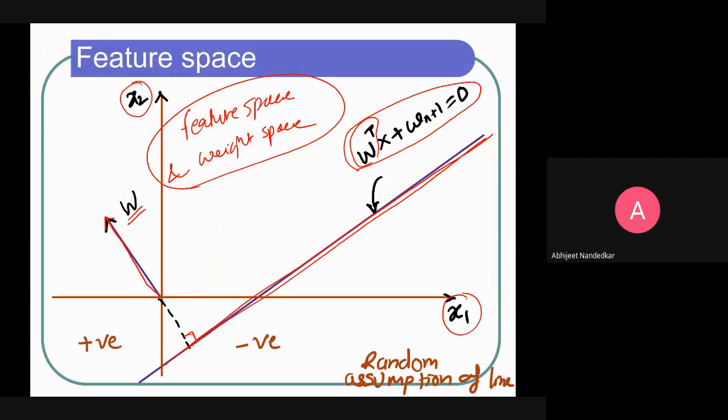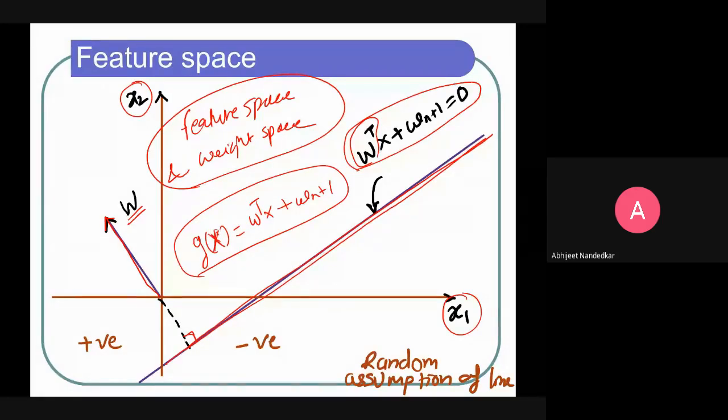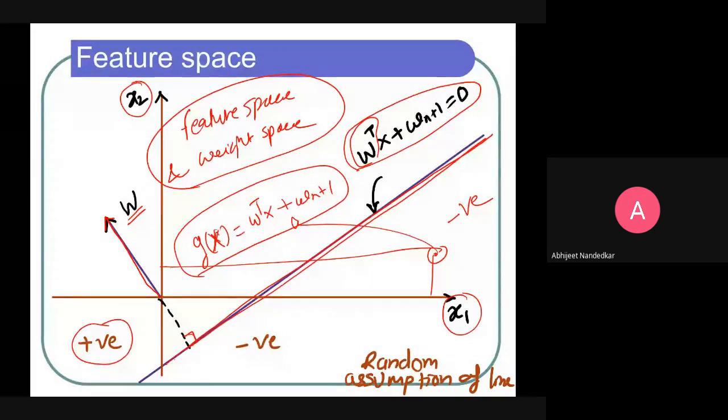Once this is done, you will see if I declare g of x equal to W transpose x as a function, and if I substitute different values of x, that means if I choose this point and put the coordinates of this into this equation, g of x is negative below this line and it is positive above this line.